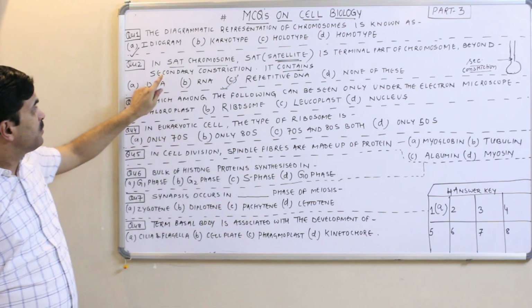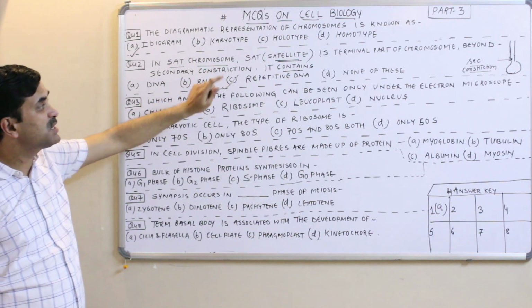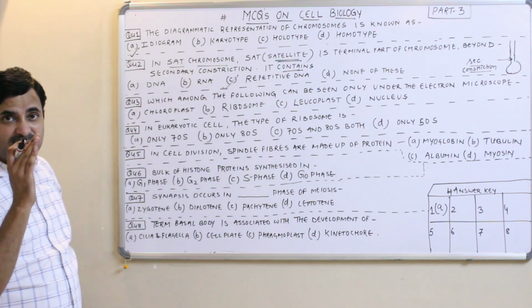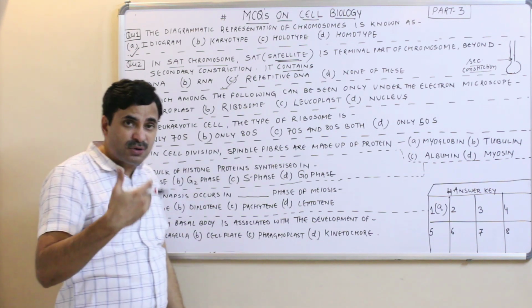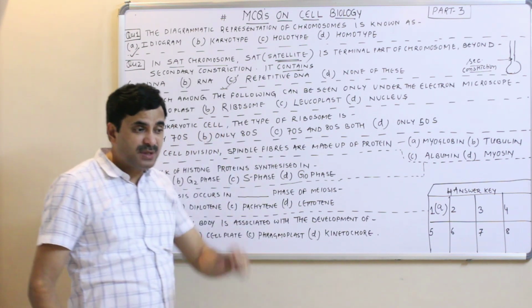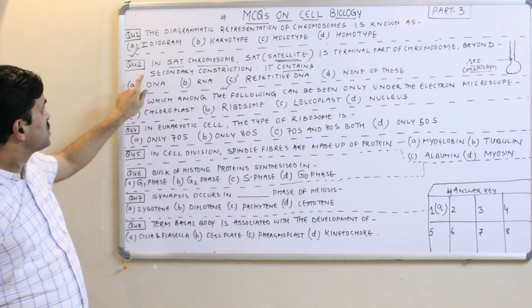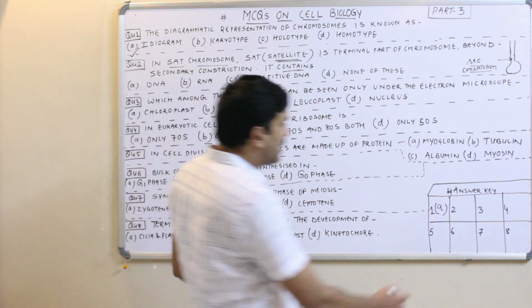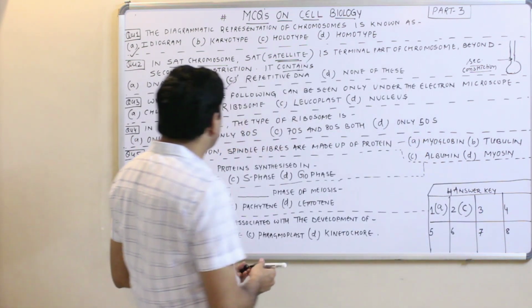These repetitive DNA or satellite DNAs are also of different types: microsatellite, minisatellite, etc. So question number 2 has the answer C.